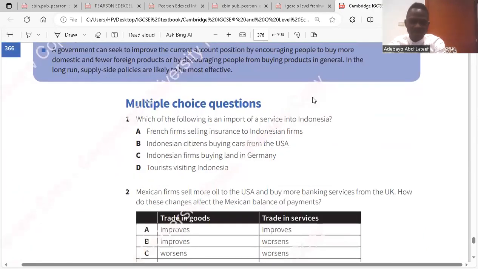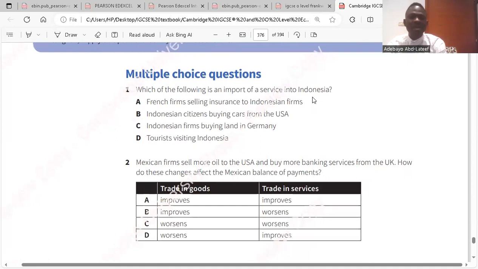We'll go to the questions. They said, which of the following is an import of a service into Indonesia? Indonesia is buying cars, no. French firms selling insurance.